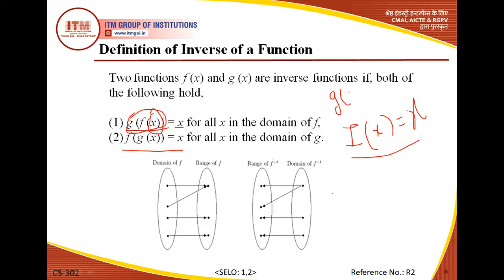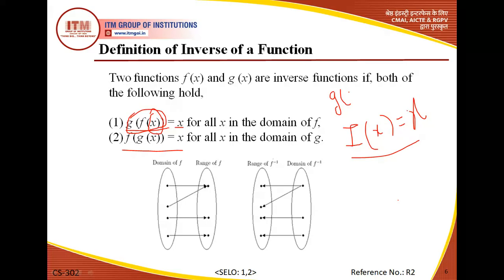And what is an inverse of a function? Inverse of a function is some other function other than this f. If we have a function f and that function is invertible, obviously the inverse of that function would exist. So both of these are two different things.